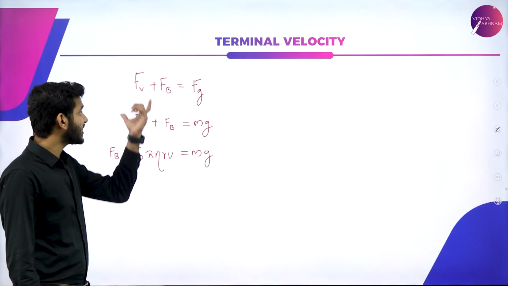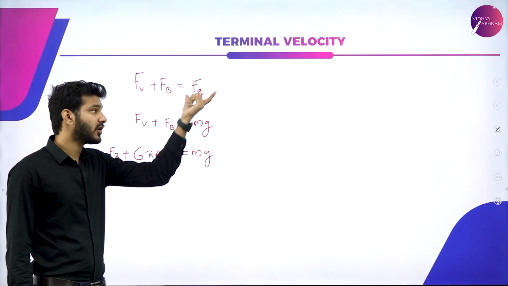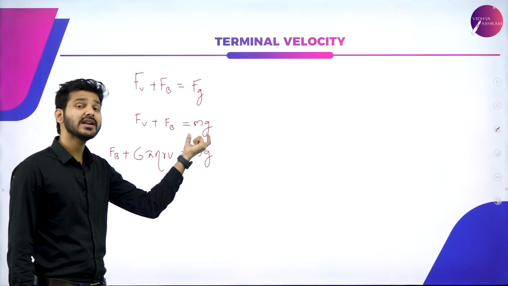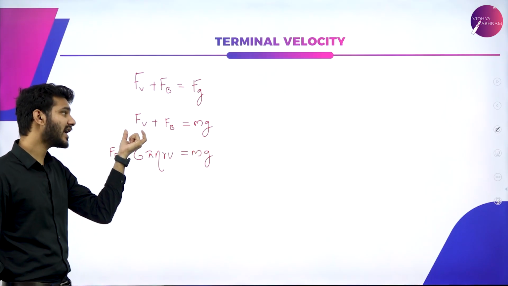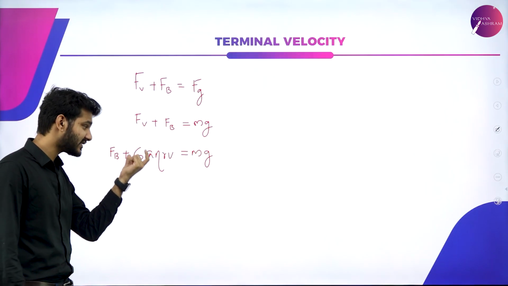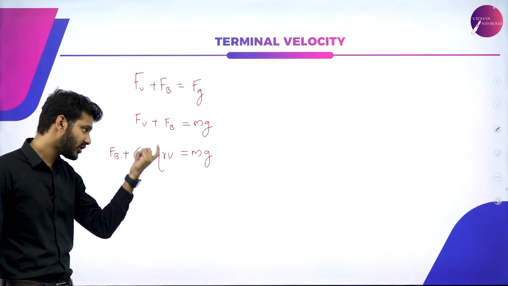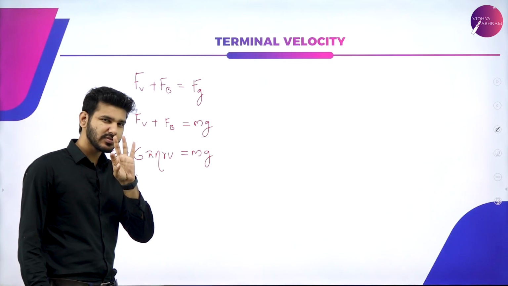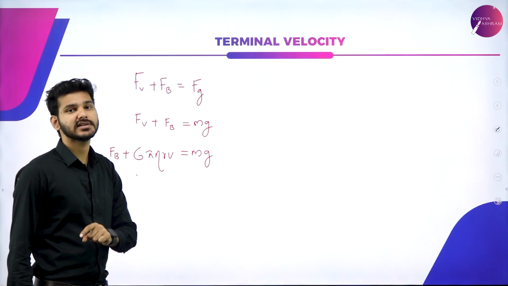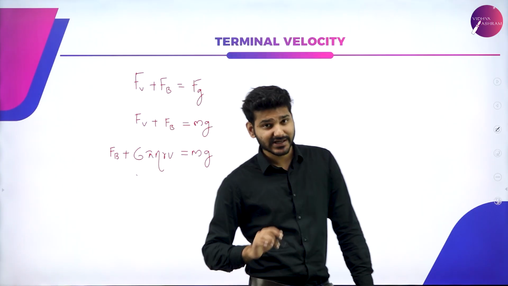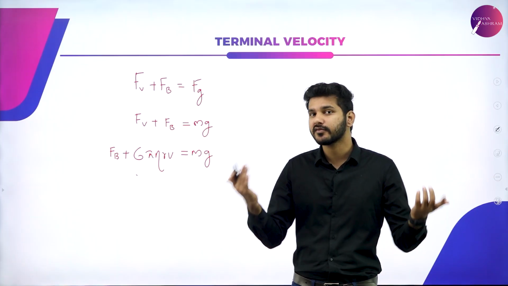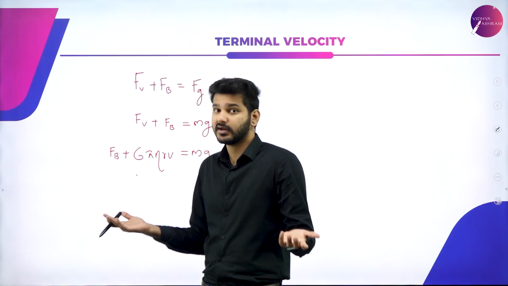So again, we started with this particular equation, but we know that Fg is nothing but mg, mass times acceleration due to gravity, and we also know that Fv, that is viscous force, is 6 pi eta Rv. We wrote it down, and here the problem is that we see mass in fluid dynamics. Whenever we see an equation in terms of mass in fluid dynamics, we convert it in terms of density.